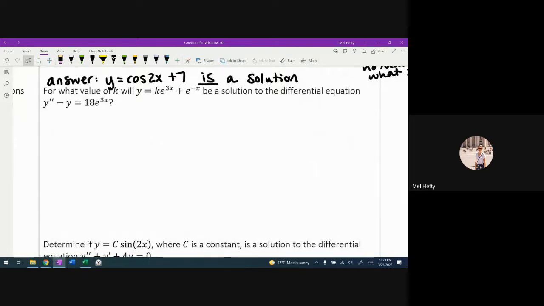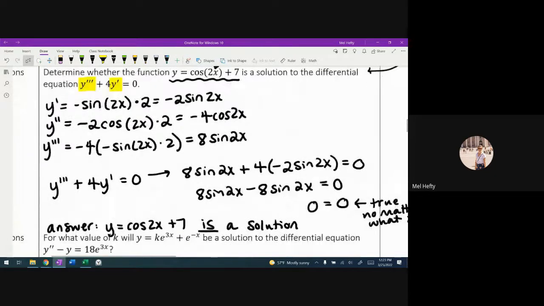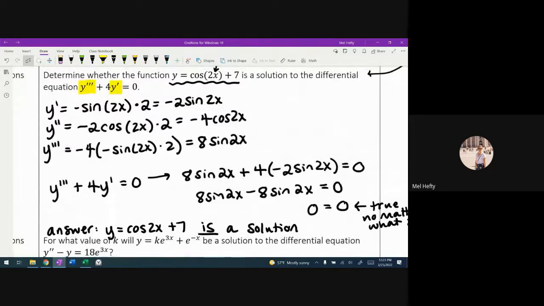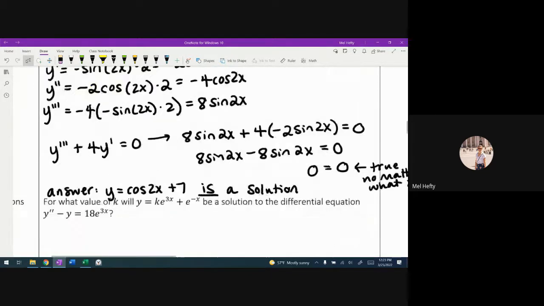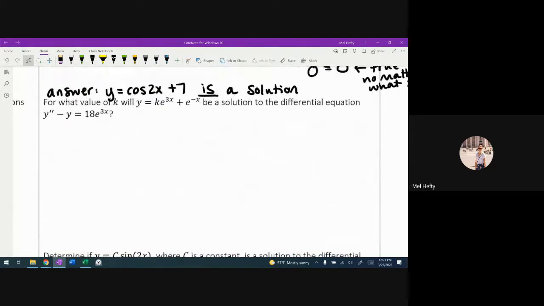All right, so that was kind of boring. I don't know about you guys, but taking 3 derivatives and plugging in, not the most interesting question in the world. So let me make this question a little bit more interesting, and a little bit more AP in style. So we want to know for what value of k will this thing be a solution to this differential equation? So if I'm looking for what thing is this a solution, I need to find these 2 things to plug in.